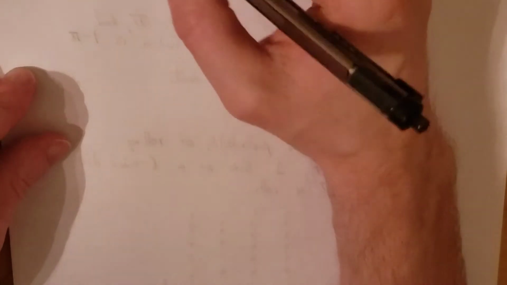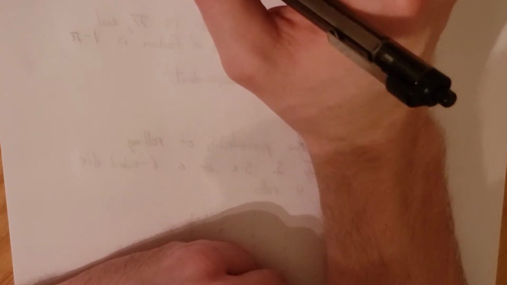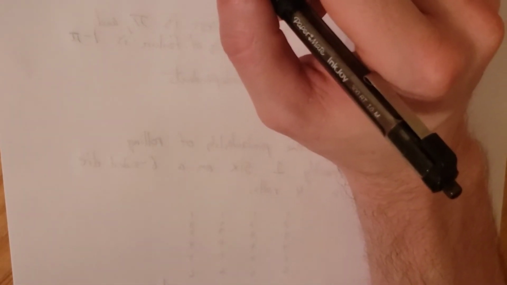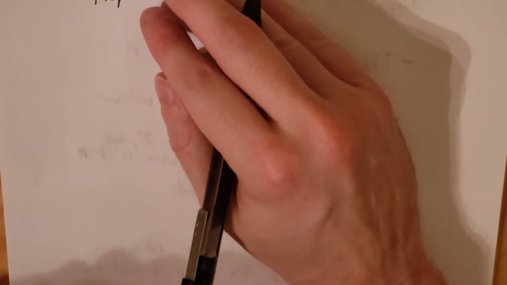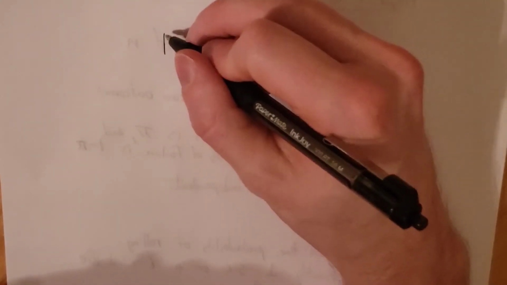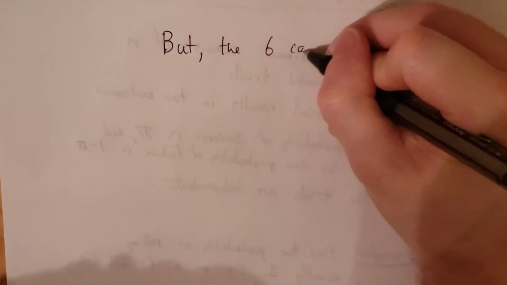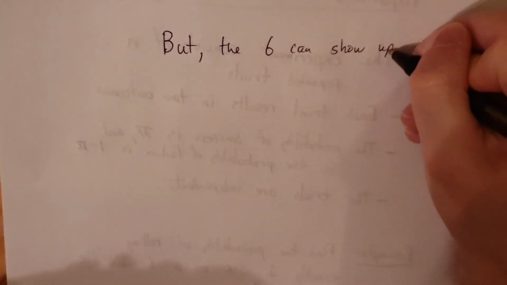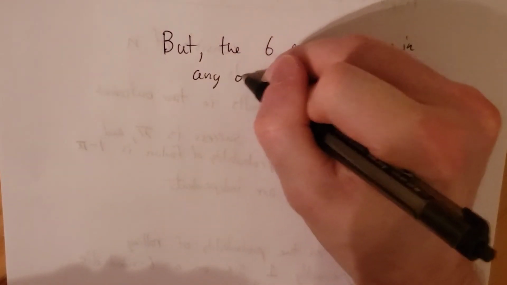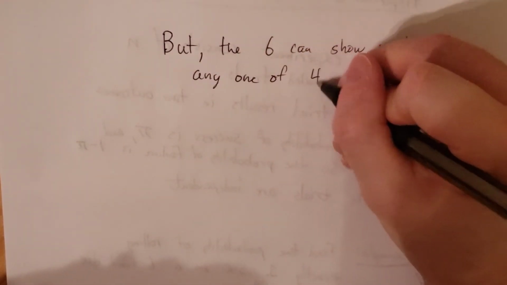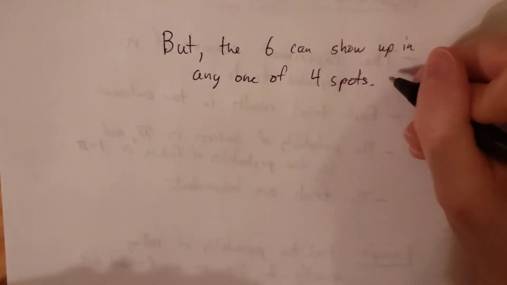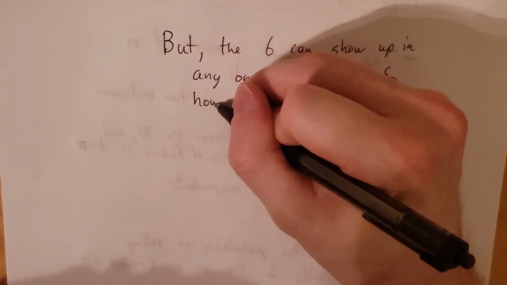So let's talk about that real quick. So we just wrote the probability of a 6 showing up in the first roll, but the 6 can show up in any one of 4 spots. So how many ways can this happen?